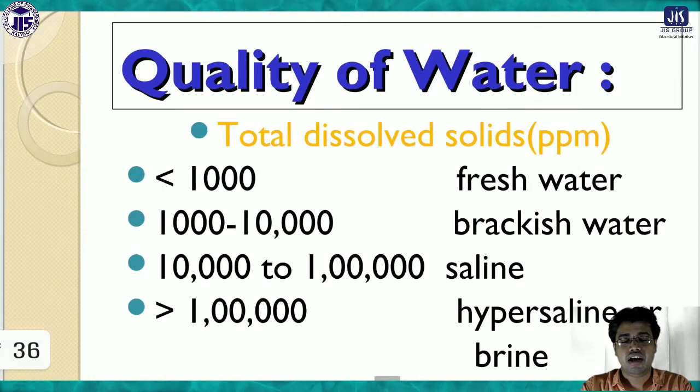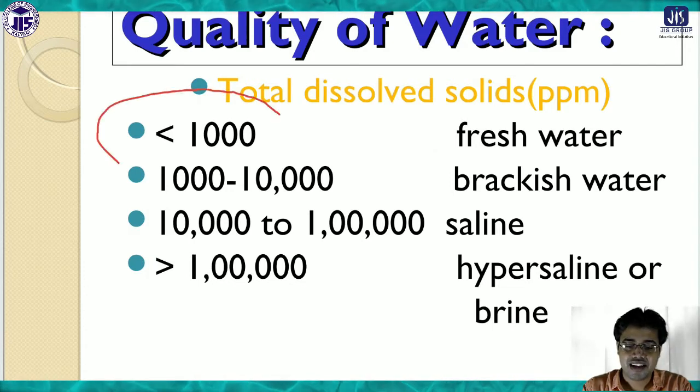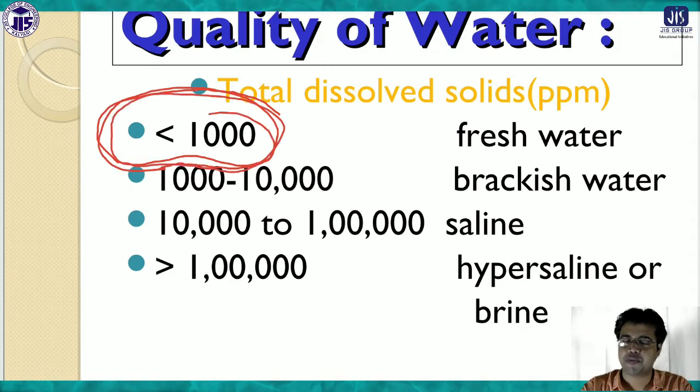So there is some limit of the TDS, and from this limit we can understand the quality of the water. If it is less than 1000, the unit being ppm, which I just told you is milligram per liter, how many milligrams of ions are present in a liter of water, then normally it is fresh water.